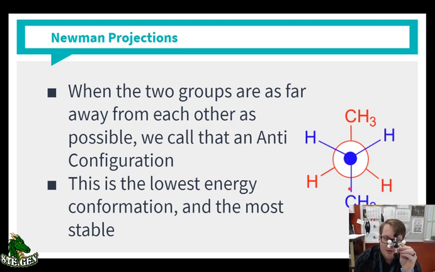The carbon in the front is going down. That's this piece right here, and the carbon in the back is going up. It's this piece right here, and then the hydrogens are going off at angles from it. We call this an anti-configuration. This is the lowest possible energy you can have. It's when the biggest groups are as far away from each other as they can possibly be. They're 180 degrees away from each other. So this is an anti-configuration.